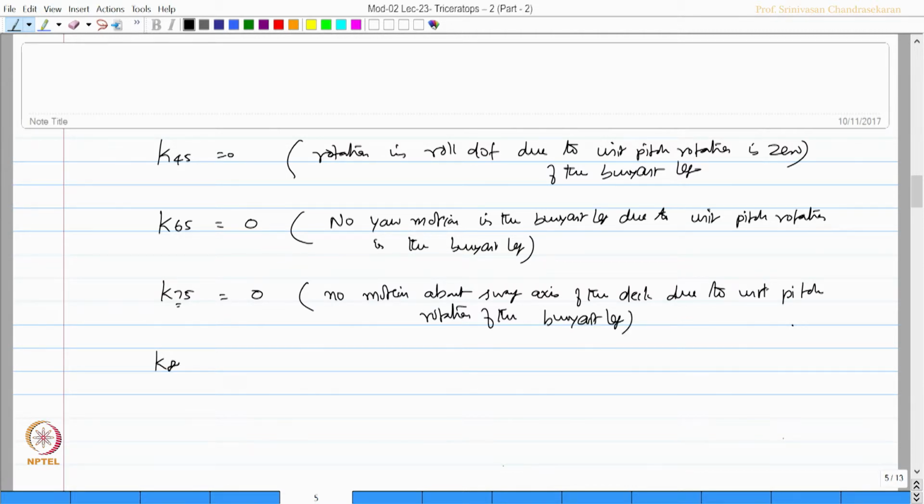K8 phi will have some value, because this will have influence on rotation about the surge axis due to unit pitch rotation of the buoyant leg.